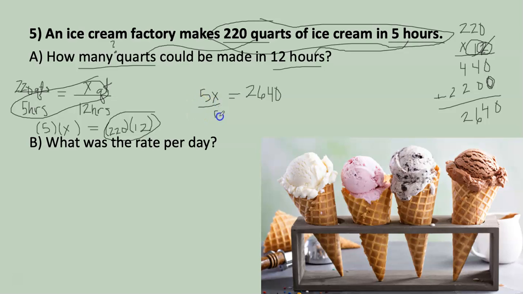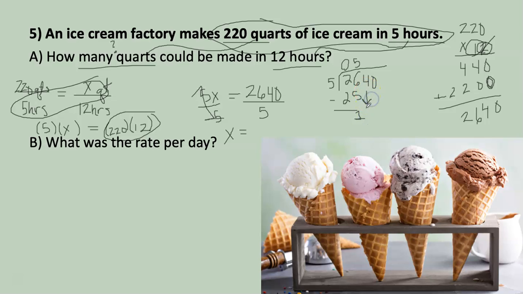The final step in solving a proportion is to divide each side by the coefficient. 5 divided by 5 is 1, so we get 1x is equal to, and then I take the 2,640 and I divide it by 5. 5 goes into 2, 0 times. 5 goes into 26, 5 times, because 5 times 5 is 25. 26 minus 25 is 1.